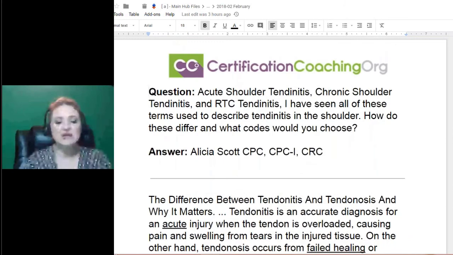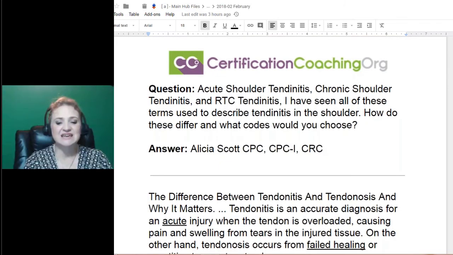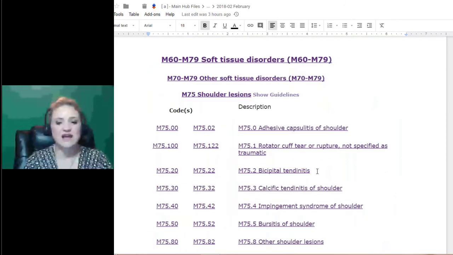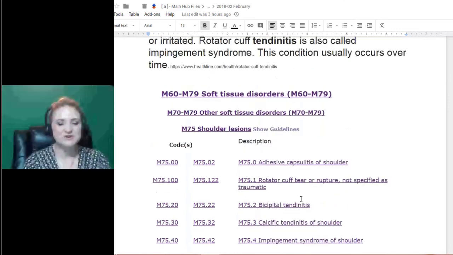So again, that's a really quick answer. The codes themselves are going to be listed via the site. Where is it located? So the rotator cuff, the shoulder one, these are the codes that you're looking at, these M75 most likely, to find your code. Short and simple and sweet.